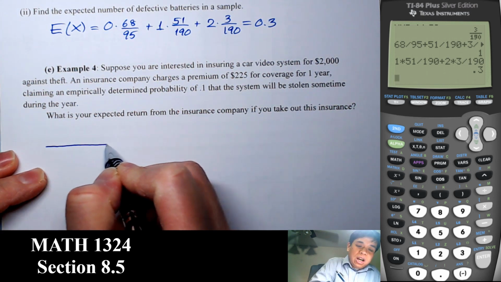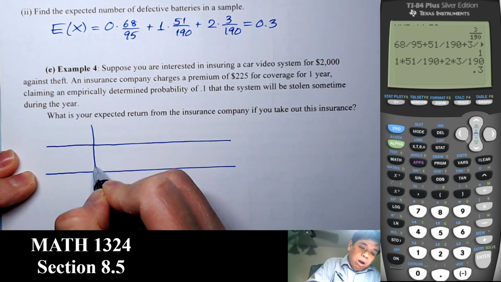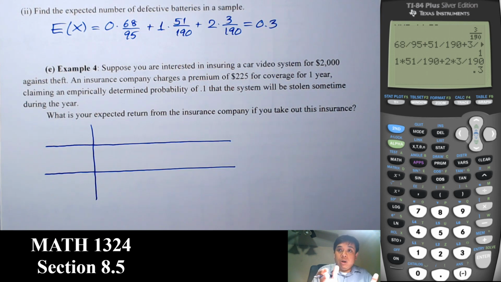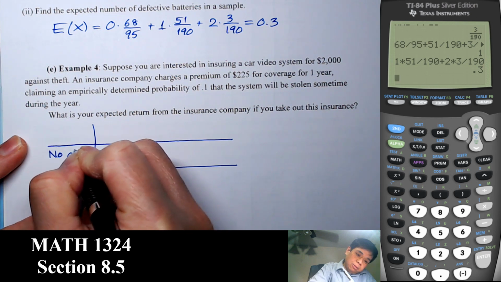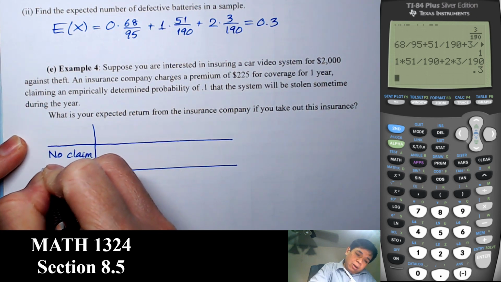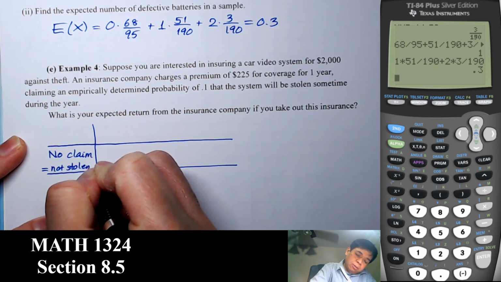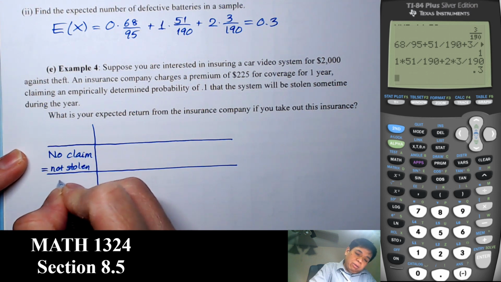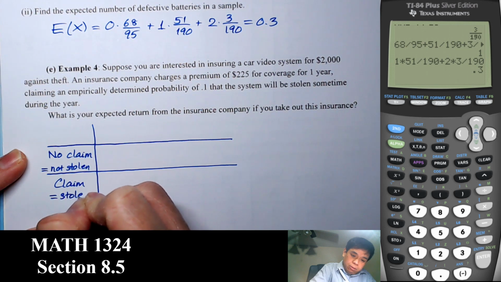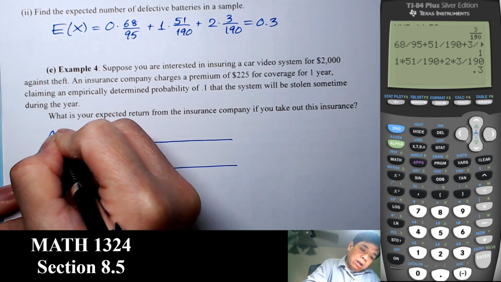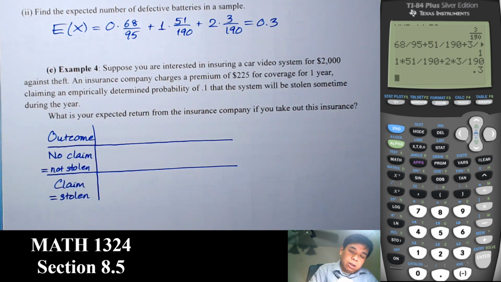So you decide to buy the insurance. There are only 2 outcomes. One is it will not be stolen and you have no claim, meaning not stolen. And then we have a claim, which means that it is stolen. So those are the outcomes. And now the values.